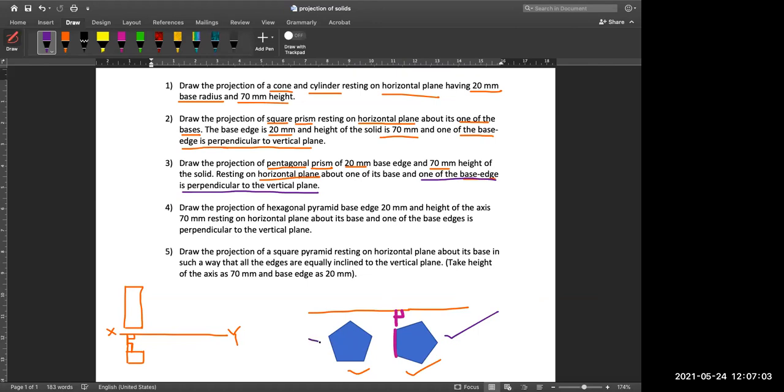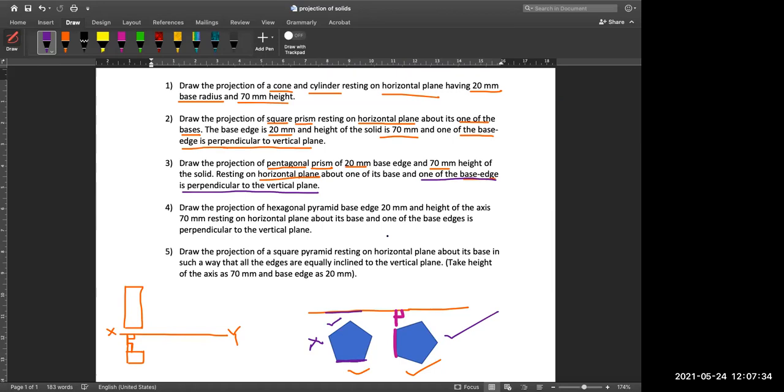This is correct. We will not keep this one. If in the question it is written that one of the base edges is parallel to the vertical plane, then you can see this edge is parallel to the vertical plane. In that situation you can keep this as your orientation. So these are the two orientations where you can keep your pentagon.